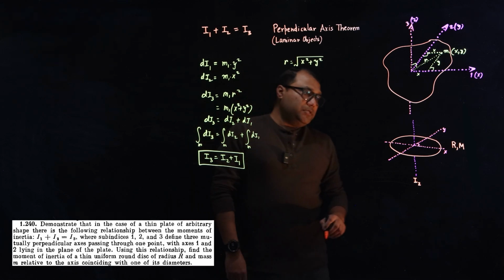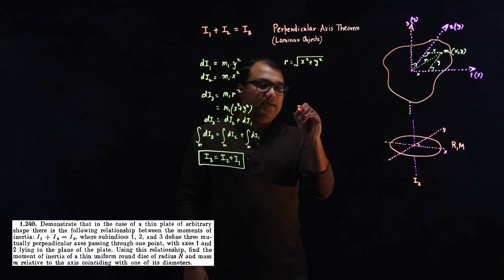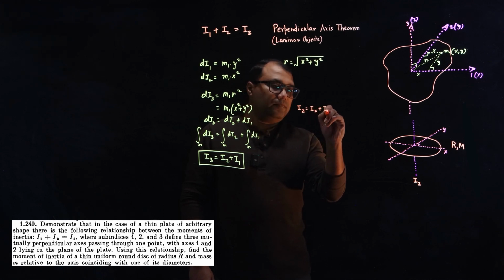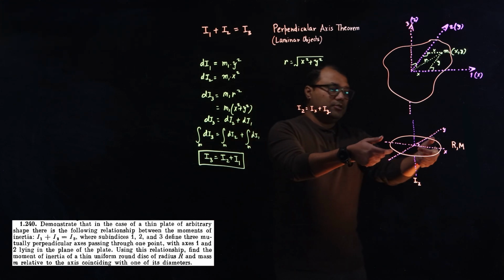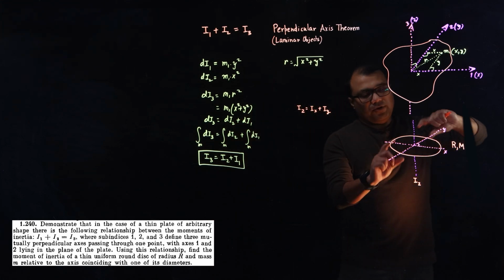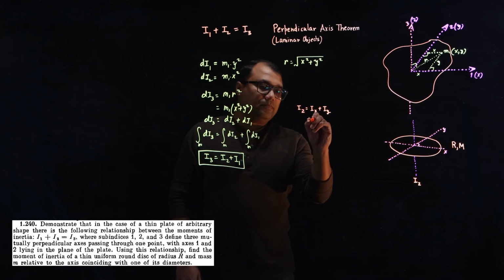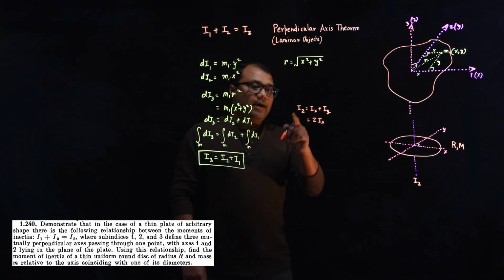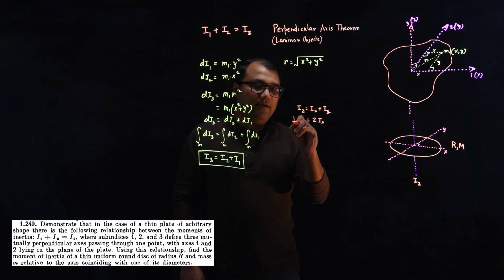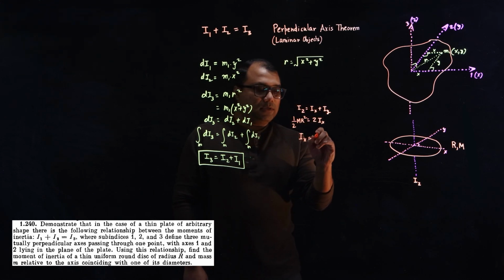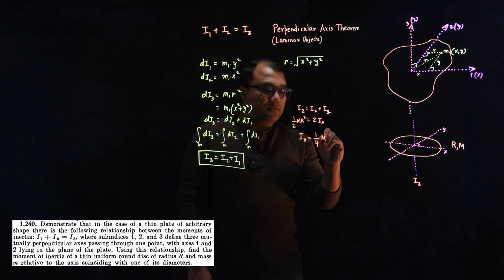Using the perpendicular axis theorem, can I write Iz is Ix plus Iy, the moment of inertia of this plate around x plus the moment of inertia of this plate around y. Now Ix and Iy are both the same, so I can just write 2 times Ix. And Iz is given as half m r square. This is known. So Ix is nothing but 1 by 4 m r square.